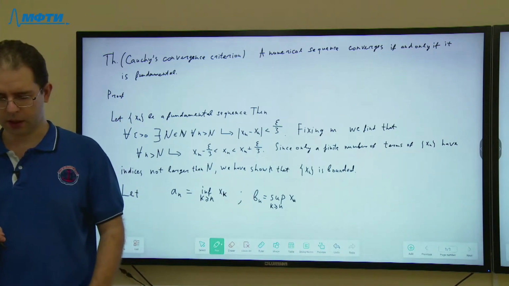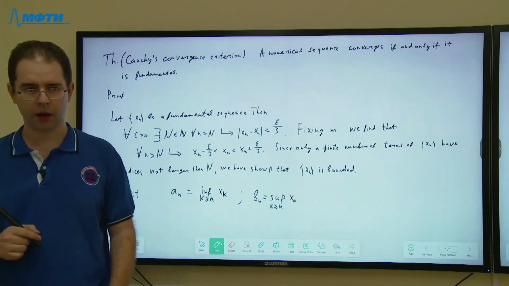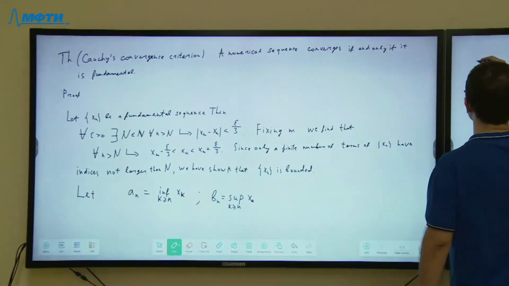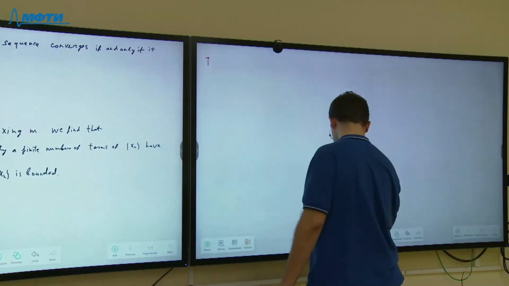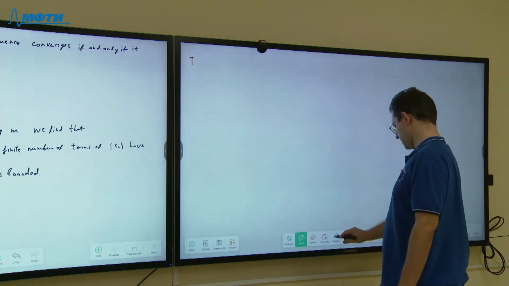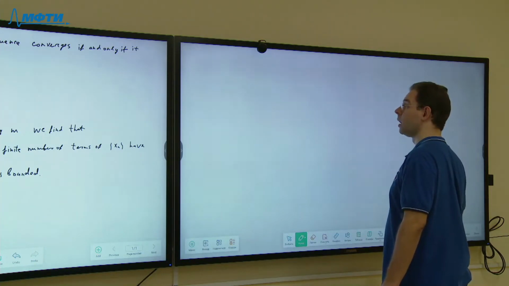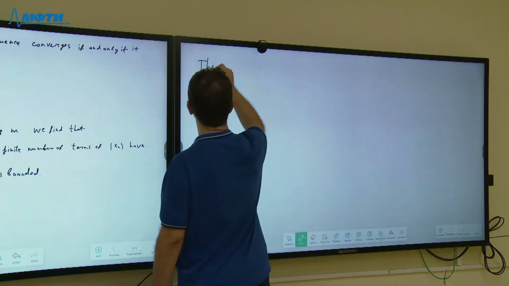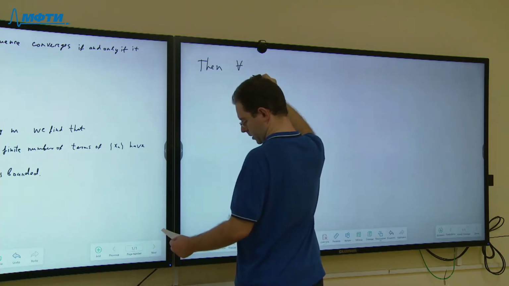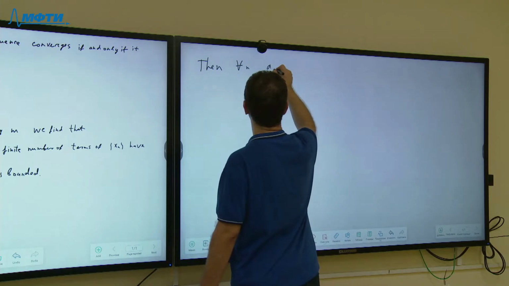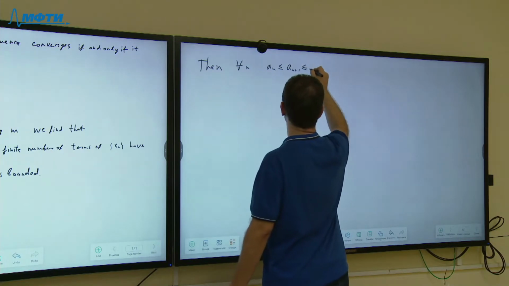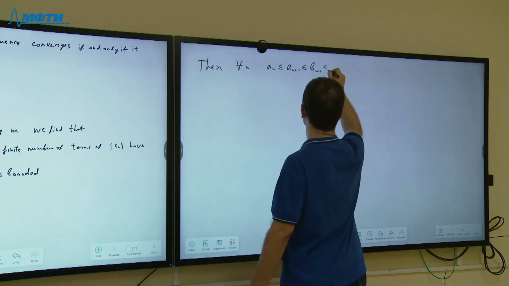So from this definition, then for any n, an less than an plus 1, less than bn plus 1, less than bn.